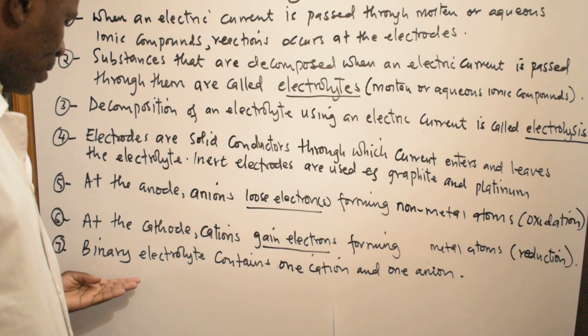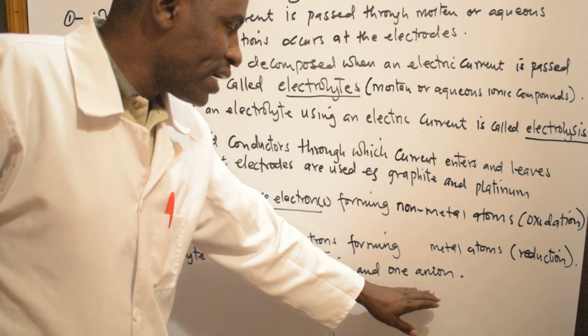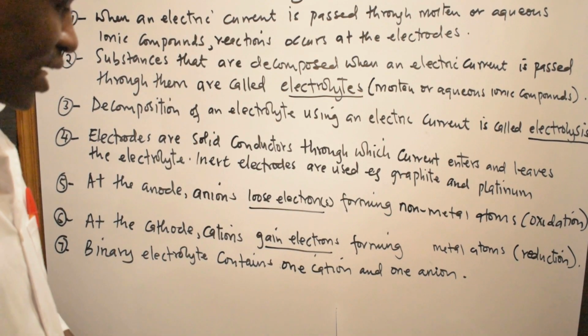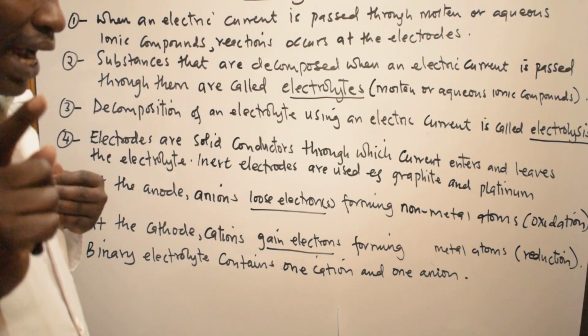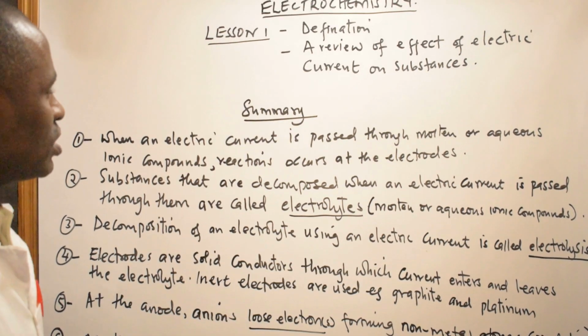Then finally, we have binary electrolytes, which contain 1 cation and 1 anion. That is what we are talking about.